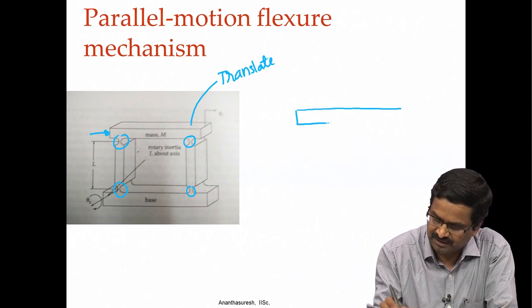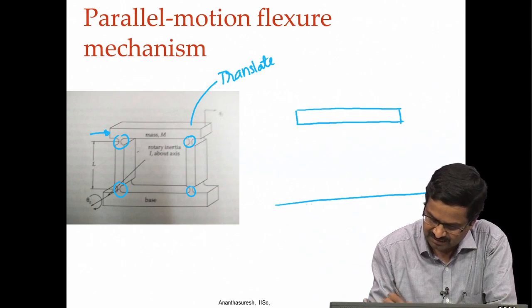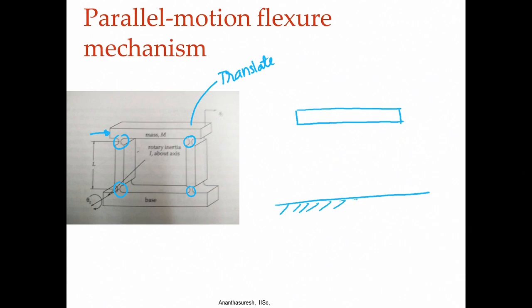So, I will just plot the 2D mechanism. We have the base, this is the base. Instead of using what we called elastic pairs, we have 4 of them in this.